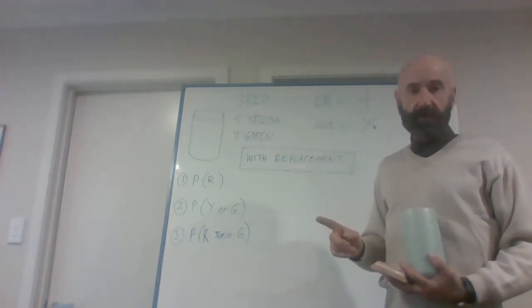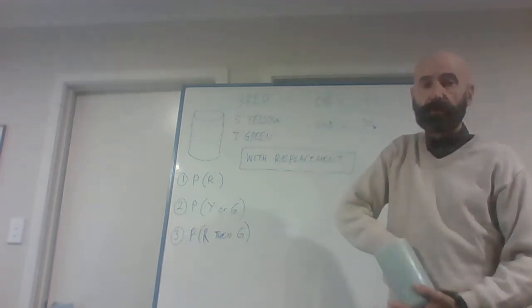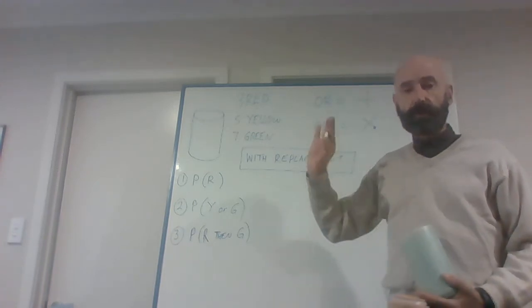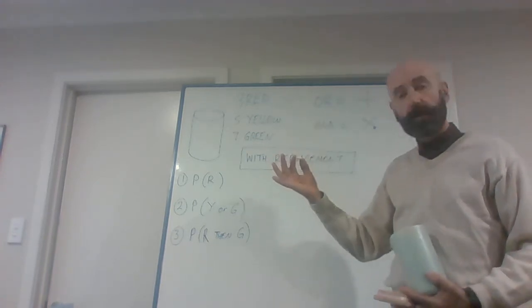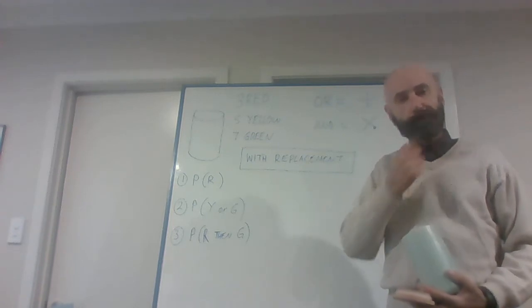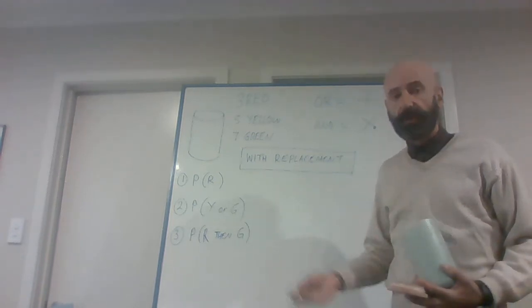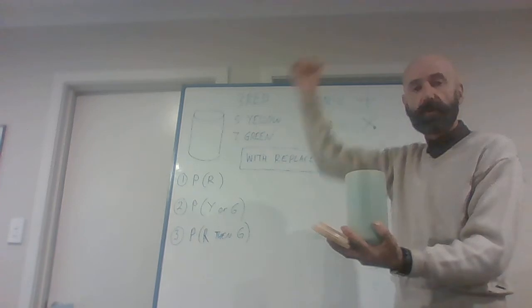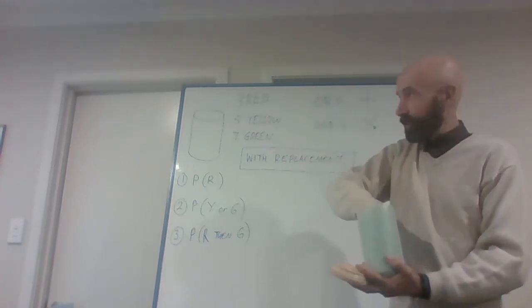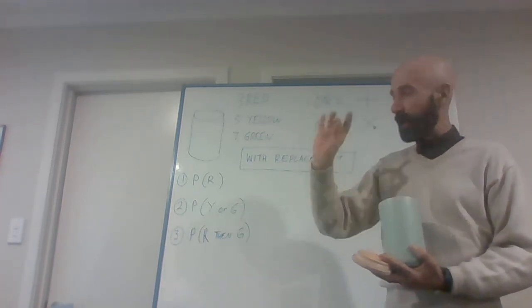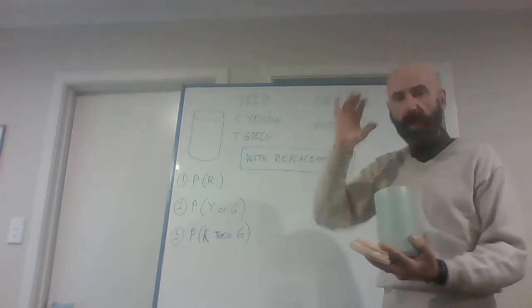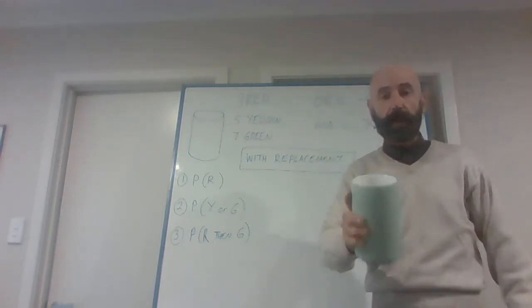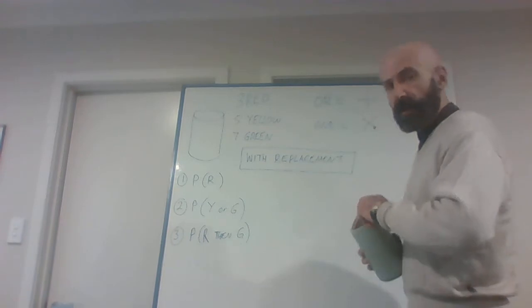With the replacement, what that means is I'm going to put my hand in, pull out a lolly at random, yellow one, taste it, delicious, and then replace it. Do it again, take one at random, have a look, taste it, replace it. Anyone fans? No? Okay, fair enough.